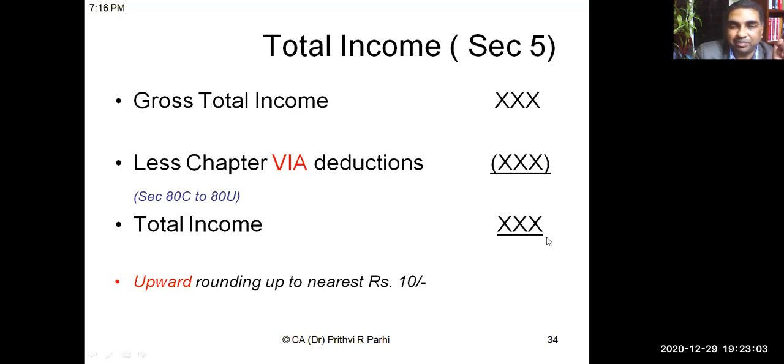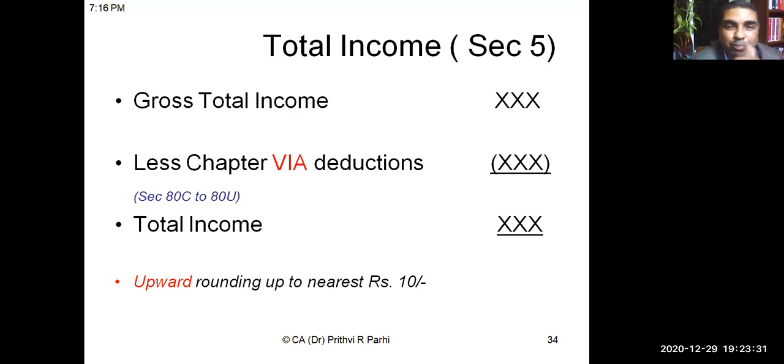And this total income will be rounded off to the nearest rupees 10, and it will be an upward rounding. Suppose it is 547, it will be 550, or 542, it will be 540. But if it is 545, it will be 550.